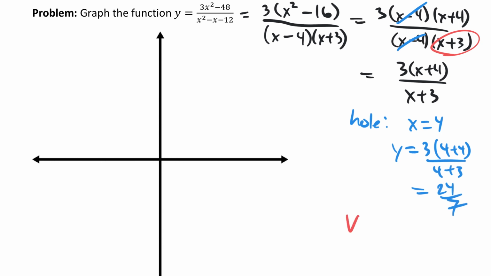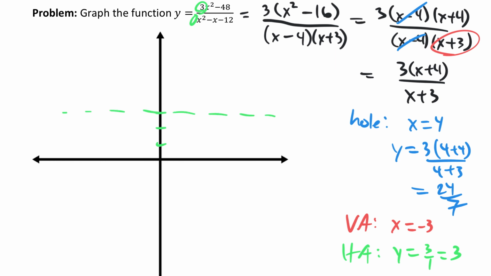Let's grab that vertical asymptote. That's going to be at x equals -3. Let's grab that horizontal asymptote. Again, we can look at the leading coefficient there and there. So we got the invisible 1 on the bottom, the 3 on the top. So y equals 3 over 1, which is 3.